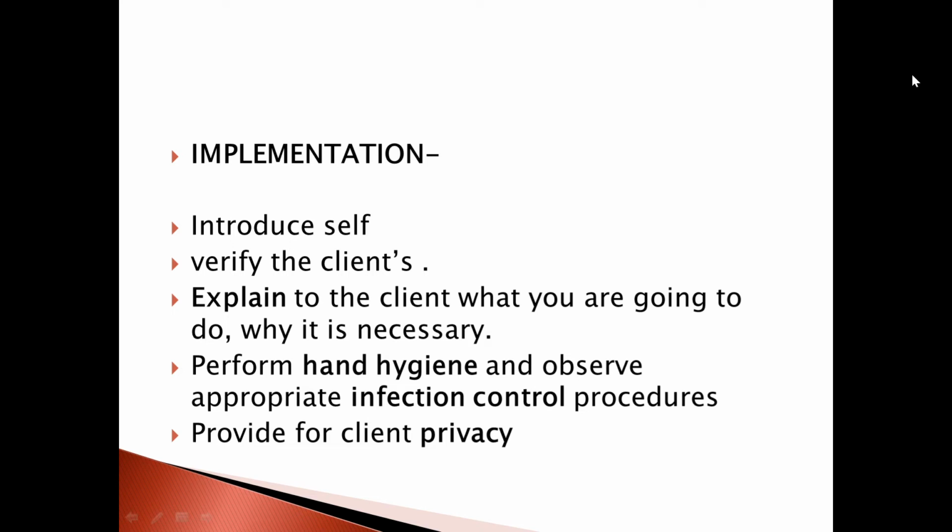Explain to the client what you are going to do, why it is necessary, and perform hand hygiene and observe appropriate infection control procedures. For all the procedures you are going to perform, do the hand hygiene and the infection control procedures. Provide for client privacy.